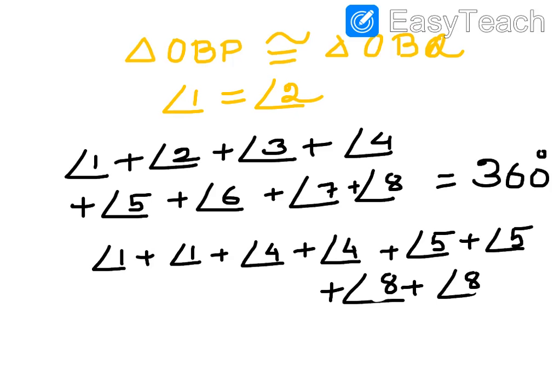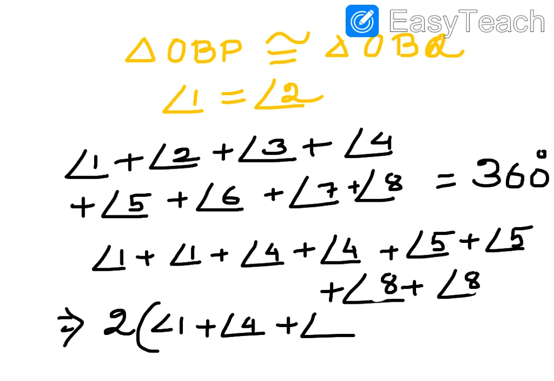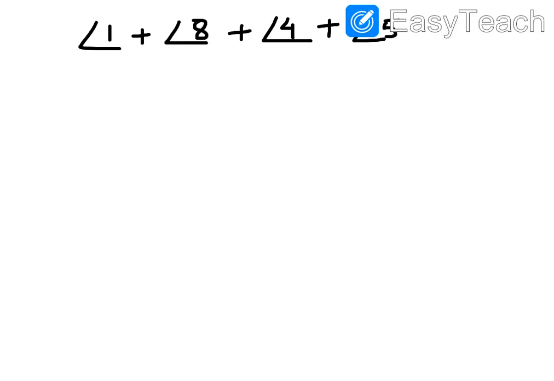So finally it will look like 2 into angle 1 plus angle 4 plus angle 5 plus angle 8, that is equal to 360 degrees. Now if I rearrange these angles, it will become angle 1 plus angle 8 plus angle 4 plus angle 5, that is equal to 180 degrees.